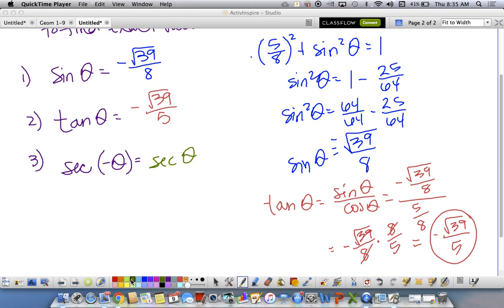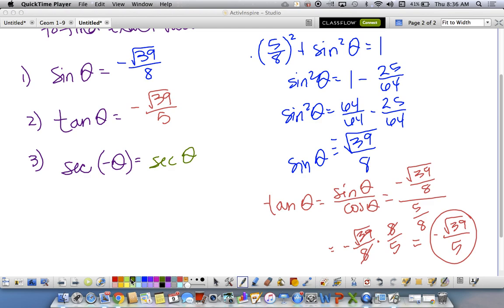Negative angle identity, this one does not pull the negative on the outside. Do you remember why? No. Because it's related to cosine. Okay, it's related to cosine. Why did cosine not? It's never negative. It's positive in the fourth quadrant, but does that have anything to do with it?